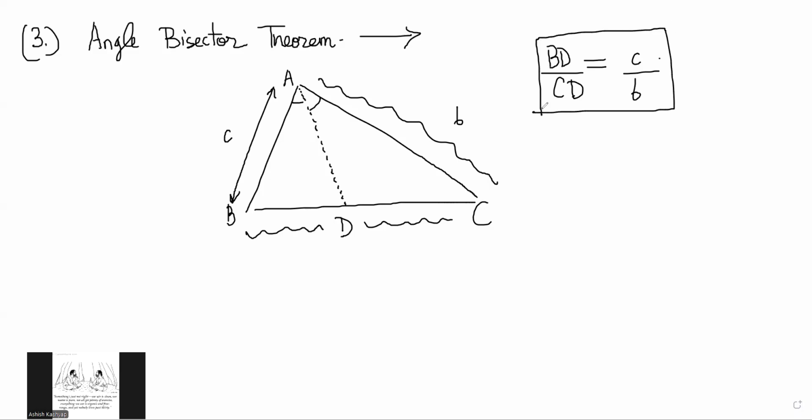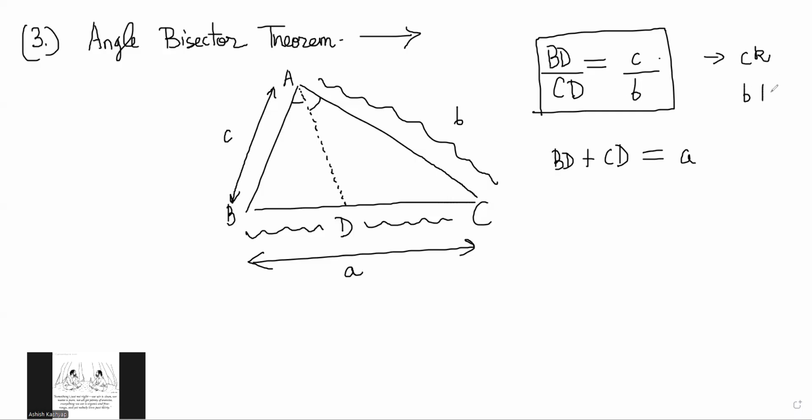Is everyone understanding what I'm saying? Yes, sir. So what you can also say is that BD plus CD is equal to a. This whole length is called a. And if the ratio is c by b, we can say BD is ck and CD is bk. So we get ck plus bk is equal to a, and from here we'll get the value of k as a by (b plus c).